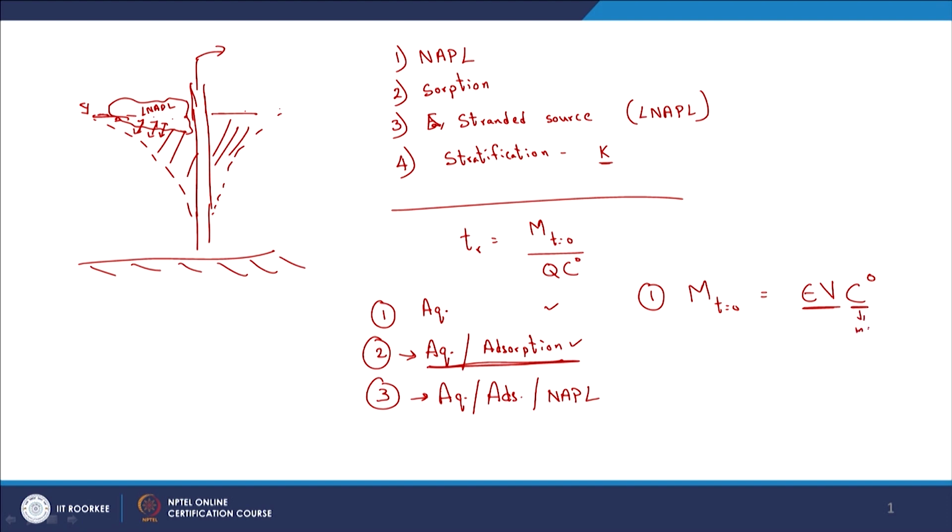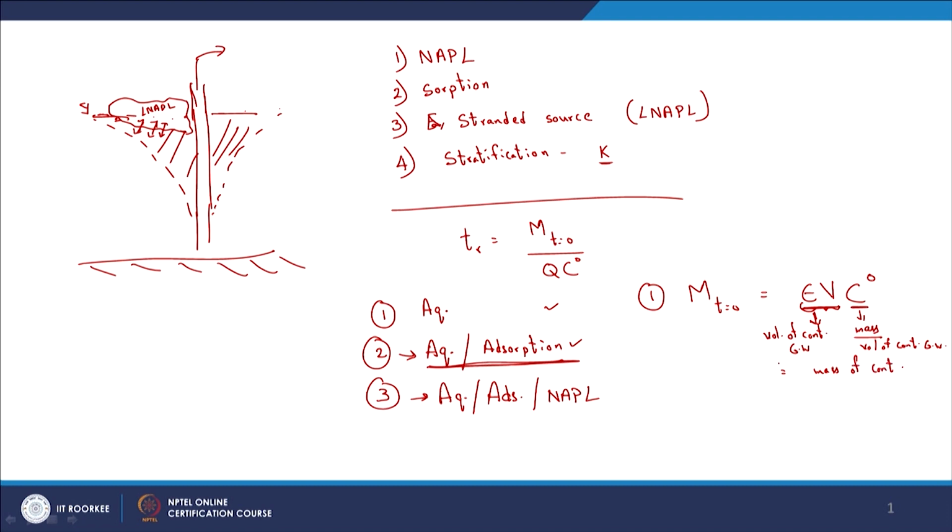The units of concentration are mass per volume of water or contaminated groundwater, and here I have porosity times total volume, which is the volume of contaminated groundwater, right. So I obviously end up with the mass of contaminant.